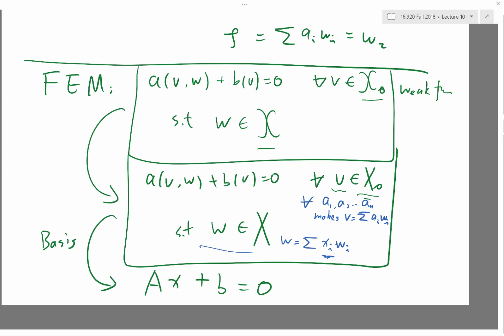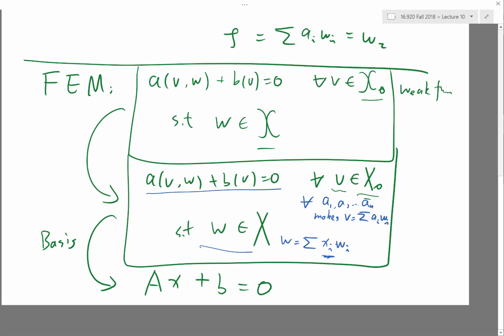Also, the linearity of the weak form with respect to v actually helps a lot. So look at the whole first equation. If I fix w, the first equation is completely linear with respect to v, right? And that means if this equation is satisfied, for example, for W1, and it's also satisfied for W2, it is satisfied for any linear combination of W1 and W2, right?